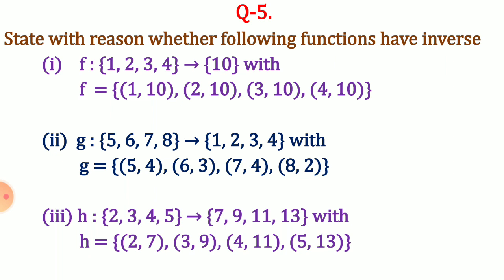So the image of 2 is 7, the image of 3 is 9, the image of 4 is 11 and the image of 5 is 13. Distinct numbers give distinct values, so h is a one-one function. Next, the range of function h is {7, 9, 11, 13}, which is equal to the codomain of h.